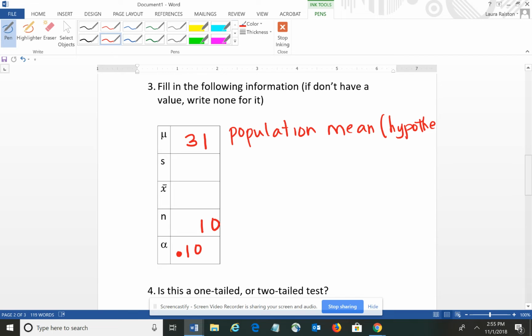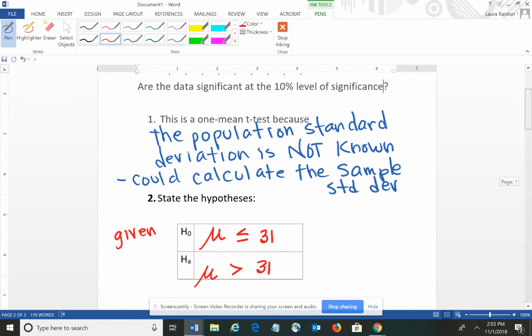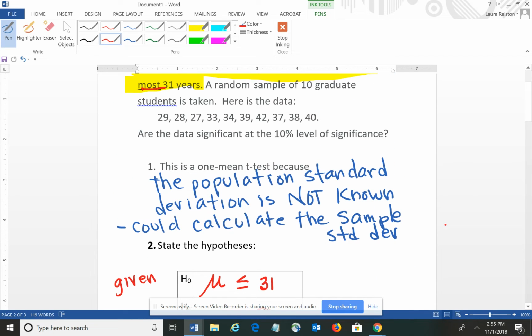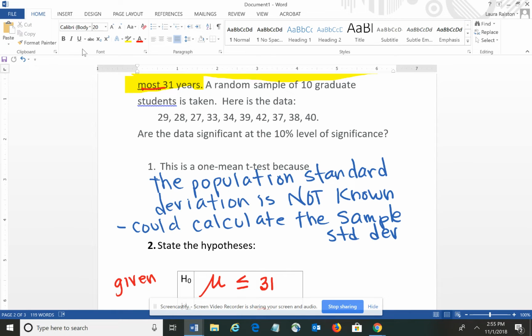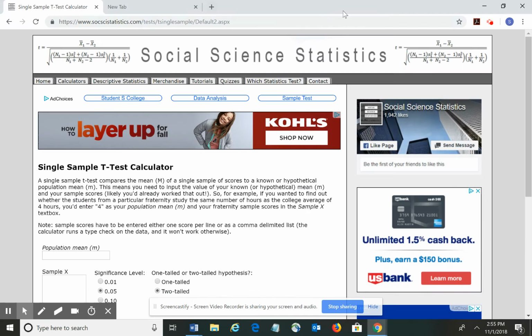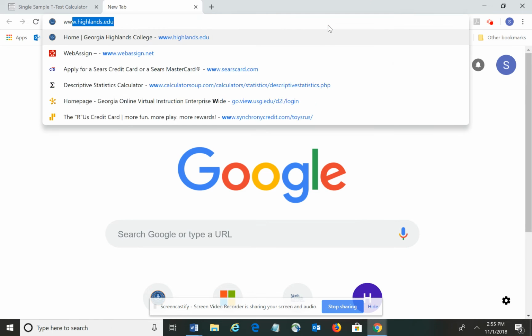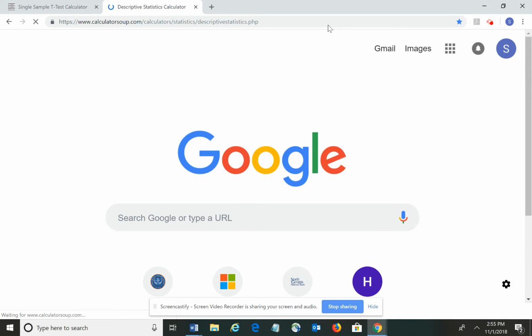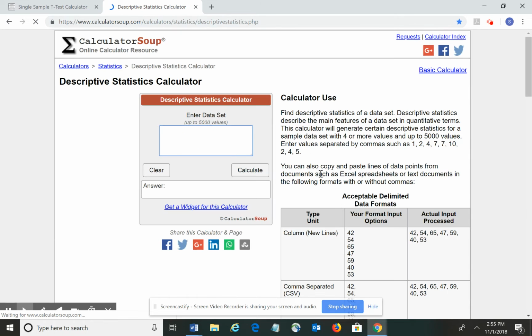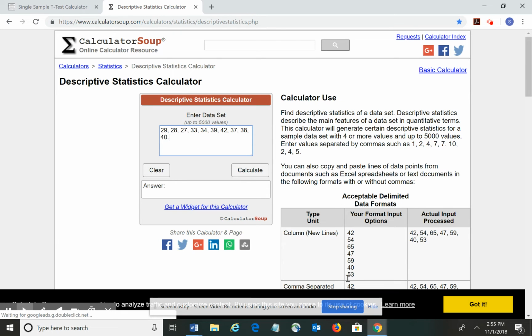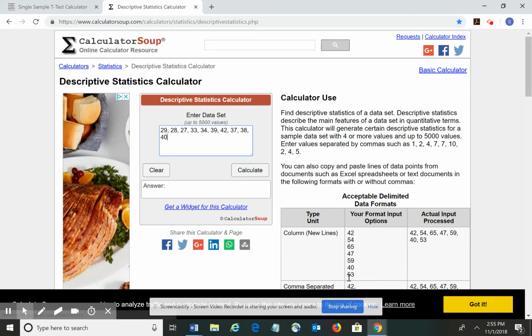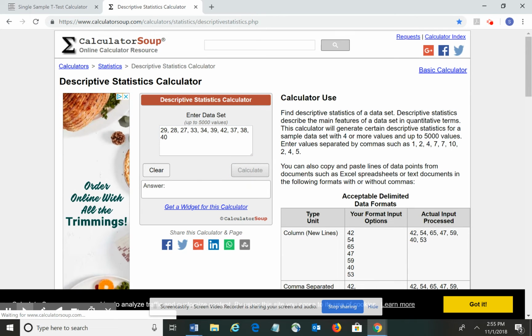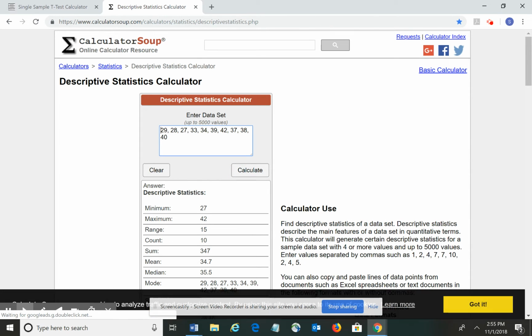So what we can do to find those, we have the raw data. We can take this raw data, highlight it and copy it, and we can put it into our calculator that we used before from Calculator Soup, and it should calculate our mean and standard deviation along with the other descriptive statistics.